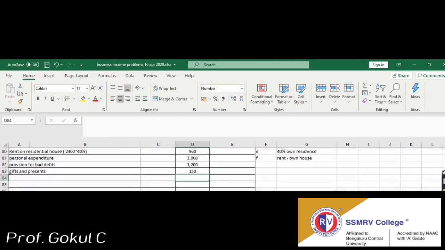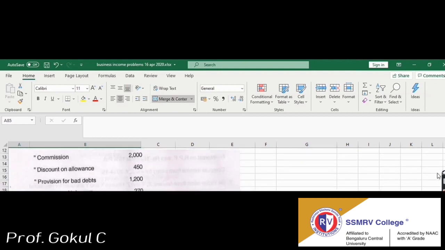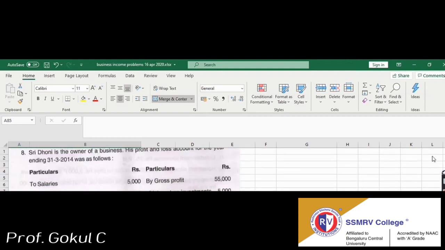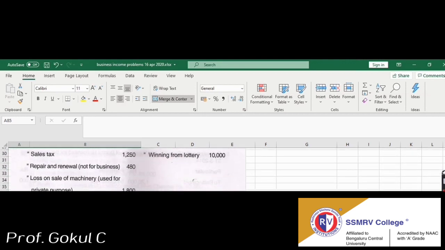So you can write here repairs and renewals, that is personal, 480 rupees.